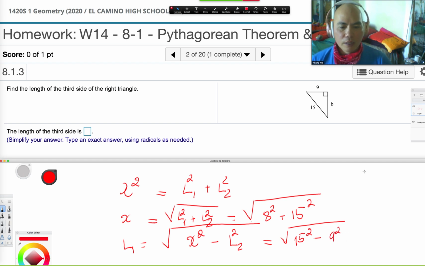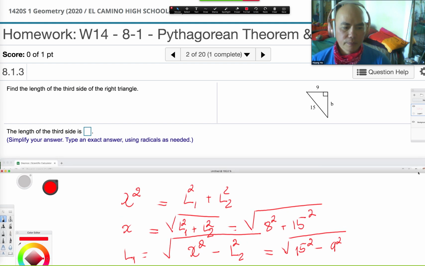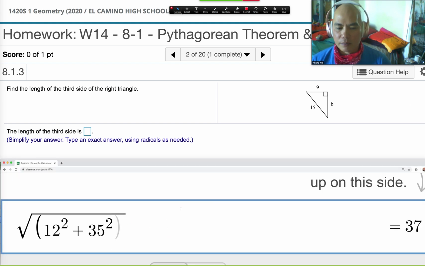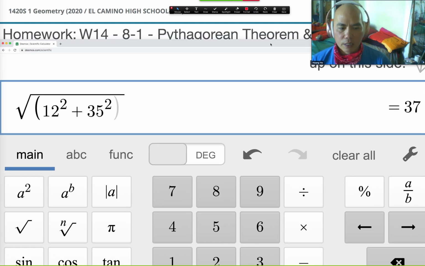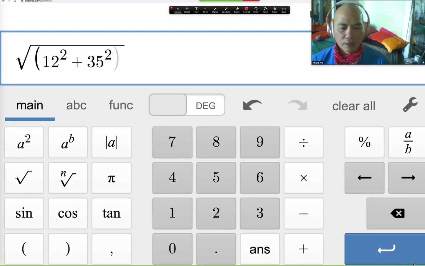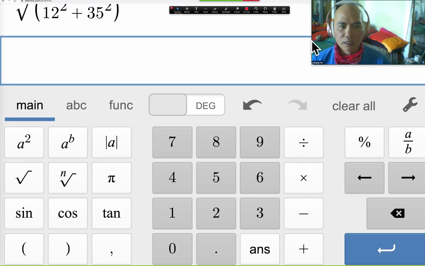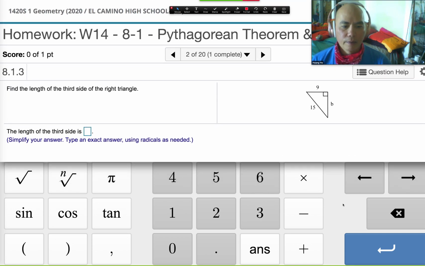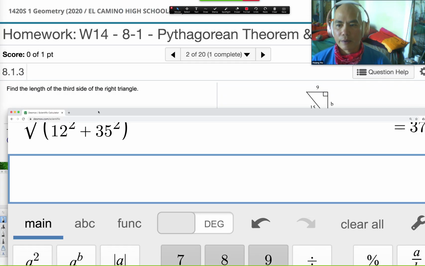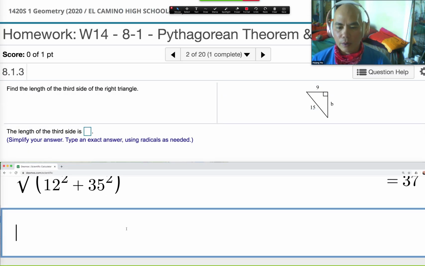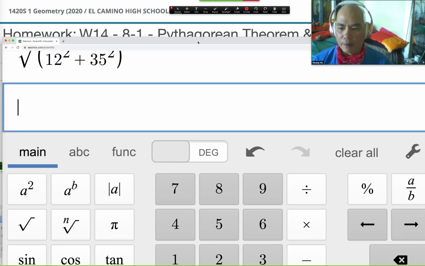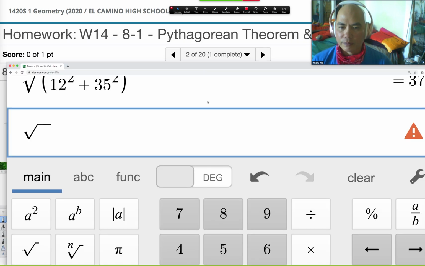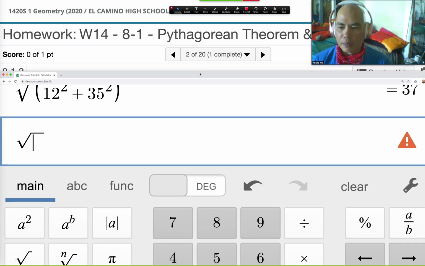Now let's use the decimal calculator. Here's my decimal calculator. I press enter to make space for the next problem. Now I take the square root of 15 squared, subtract 9 squared.